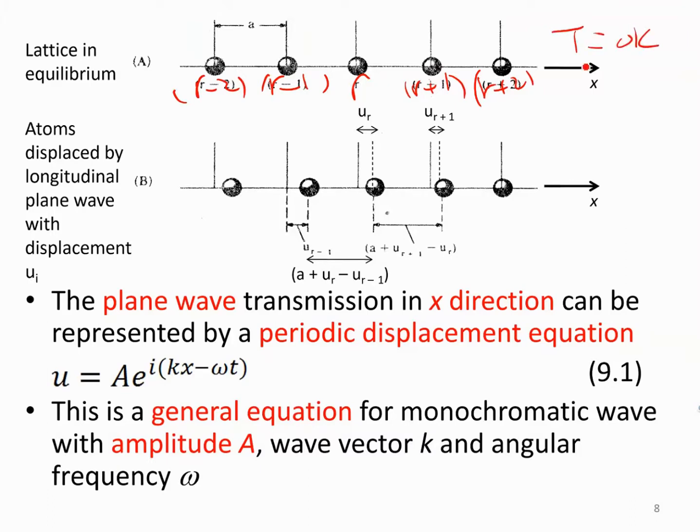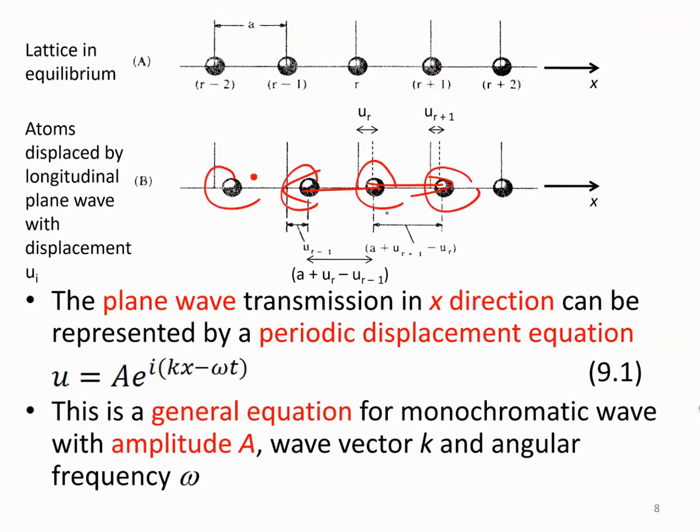When you increase the temperature, we find that the atoms actually vibrate along the X, Y, and Z directions, three directions. But to simplify, we only consider that the atoms move in one direction, along the X direction, positive X and negative X. Each atom moves with a different degree of freedom.